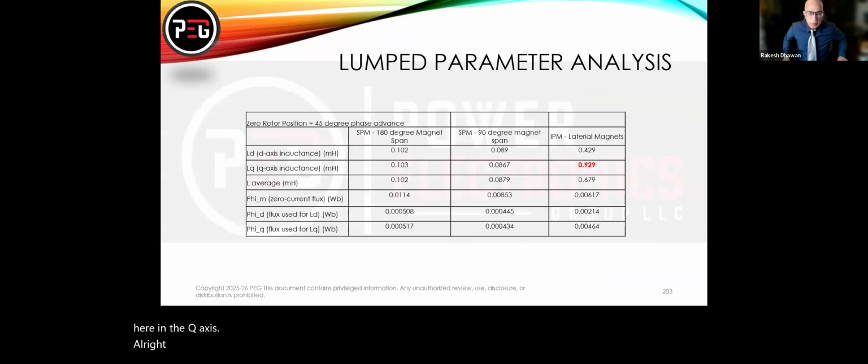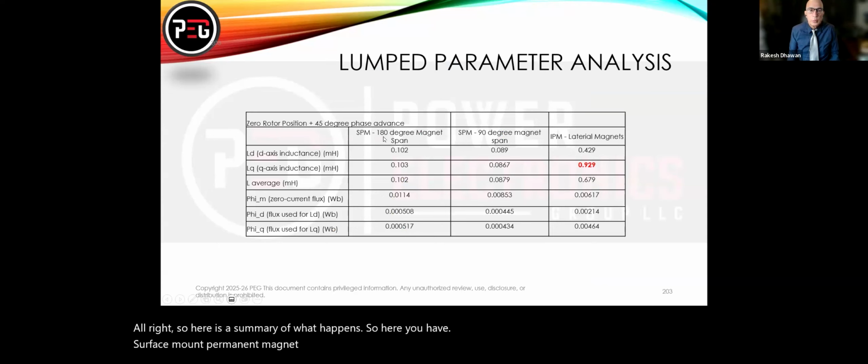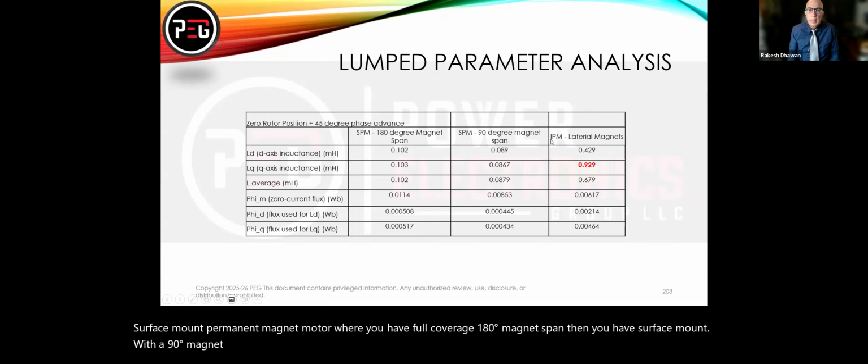So here is a summary of what happens. Here you have a surface mount permanent magnet motor, where you have full coverage, 180-degree magnet span. Then you have surface mount with a 90-degree magnet span. And then you have IPM motors, which are basically your magnets embedded inside the rotor, okay?